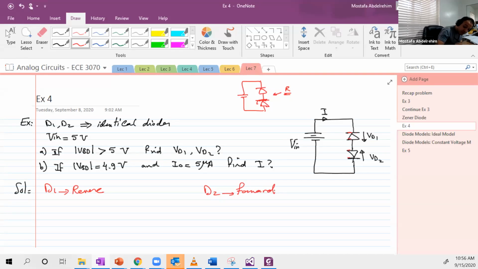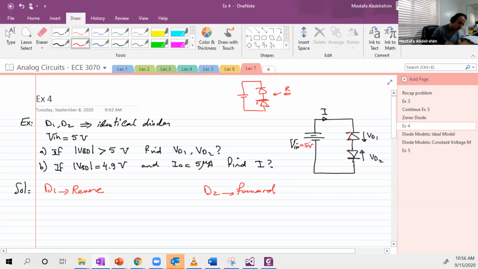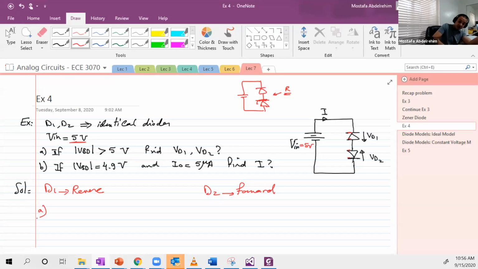And the input is equal to 5 volts. In part A, it says that the breakdown voltage of each diode, they are identical, by the way, and this is very important.